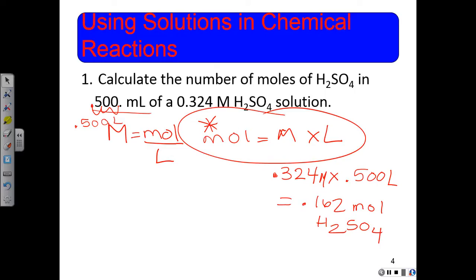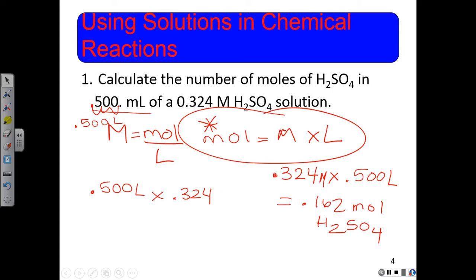I'm going to rewrite this another way just to show you. Most of the problems we've been doing when converting, we've had things cancel in our numerator and denominator, so everything matches up. So let's do the liters first.